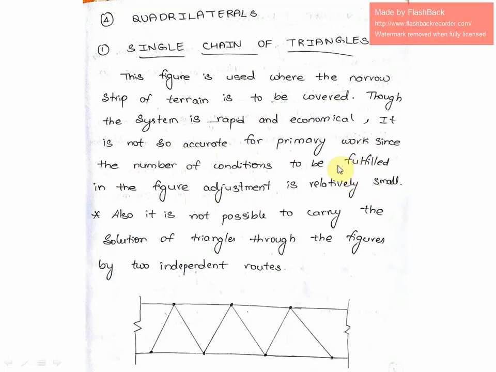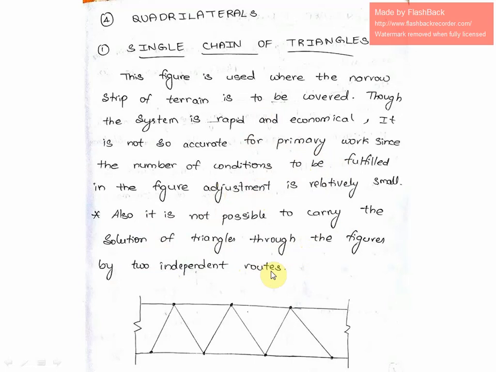At site some error may occur, and to overcome those errors we have to adjust some lines or stations, and that is relatively small in this case. Also, it is not possible to carry out the solution of the triangles through the figure by two independent routes.